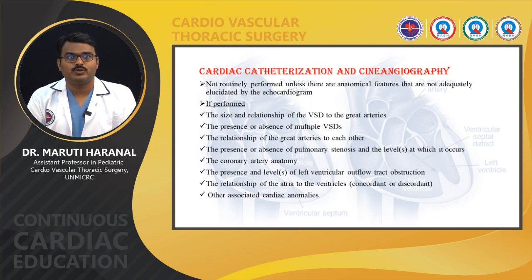If performed, we should look into the following features in a case of DORV, that is the size and relationship of the VSD to the great arteries, the presence or absence of multiple VSDs, the relationship of the great arteries to each other, the presence or absence of the pulmonary stenosis and the level at which it occurs, coronary artery anatomy, the presence and level of left ventricular outflow tract obstruction, the relationship of the atria to the ventricle, whether they are concordant or discordant, and other associated cardiac anomalies.